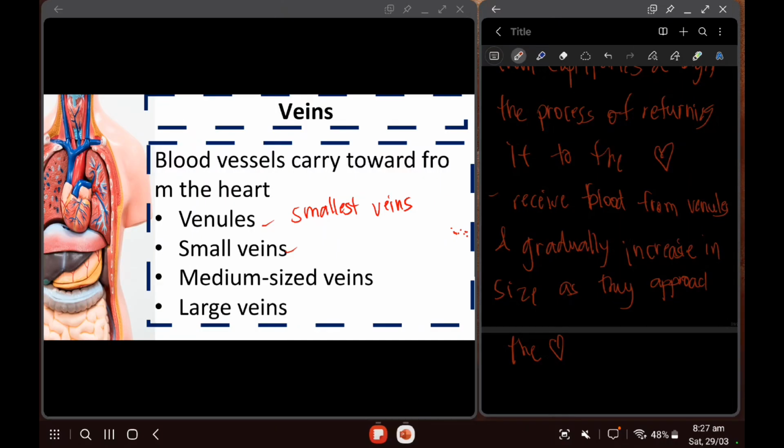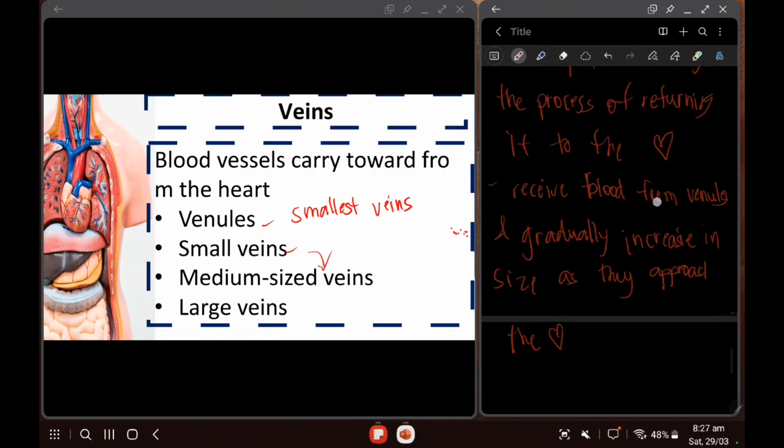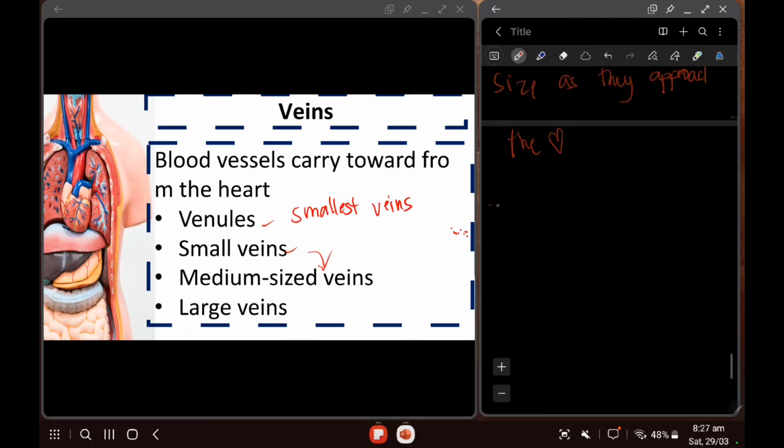So, yung small veins is nagme-merge naman siya papunta kay medium-sized vein. So, si medium-sized vein, this is larger than small veins. Kaya nga medium. But, hindi siya ganun kalaki katulad ni large veins. Ito, si medium veins, nagko-collect siya ng blood from small veins and venules.